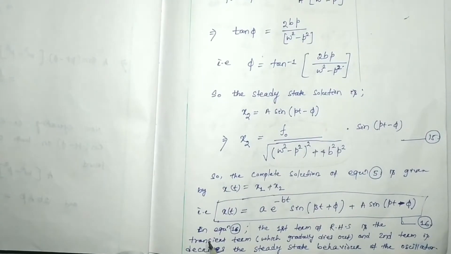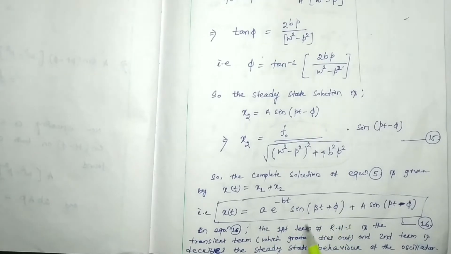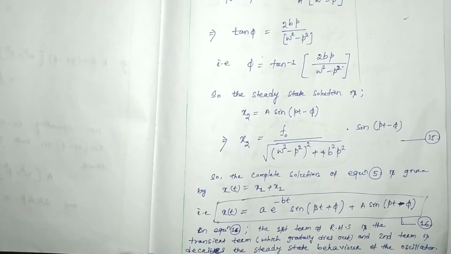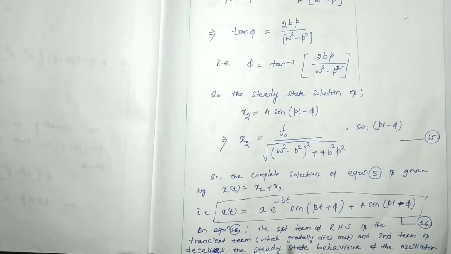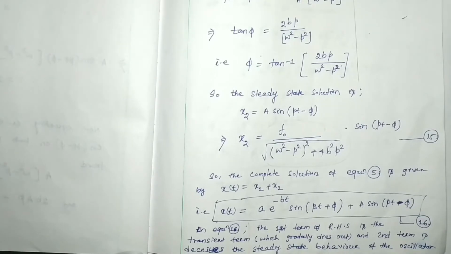In equation number 16, the first term is the transient term, whatever we discussed in detail in the last video, which gradually dies out. That means it is like a damped harmonic oscillator.